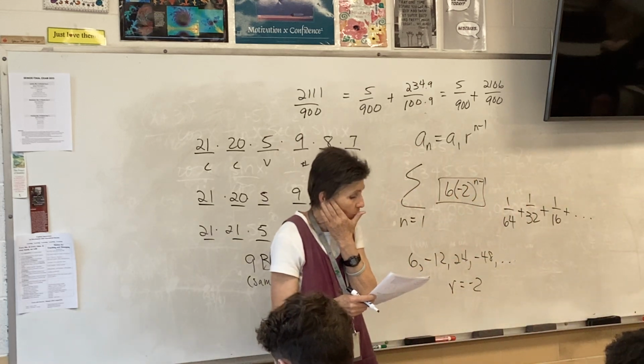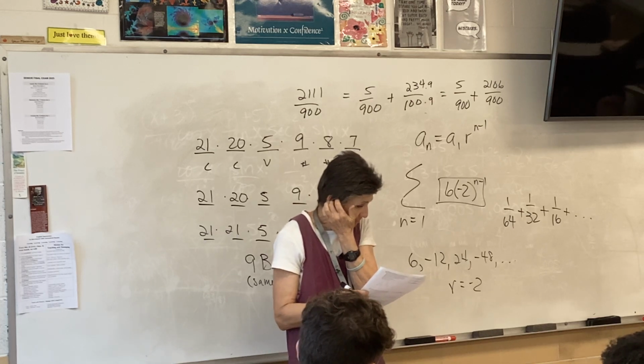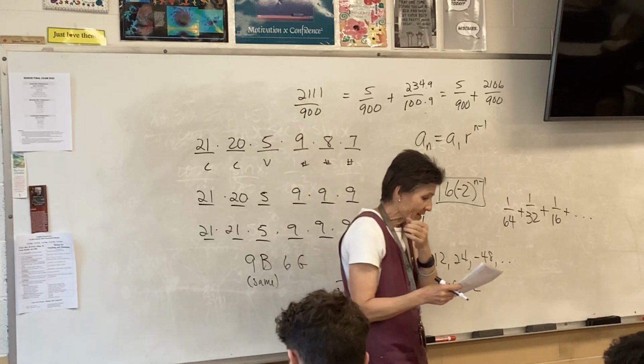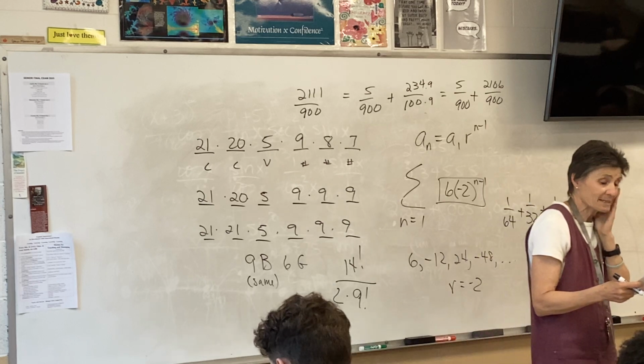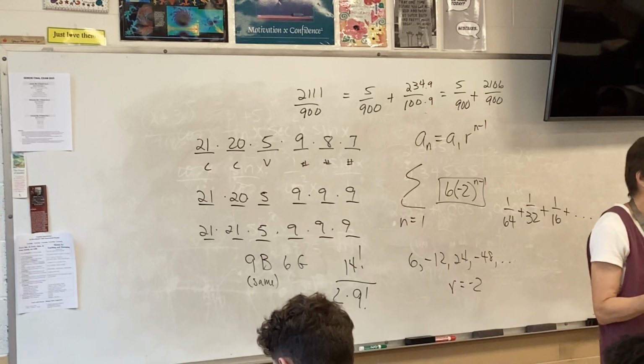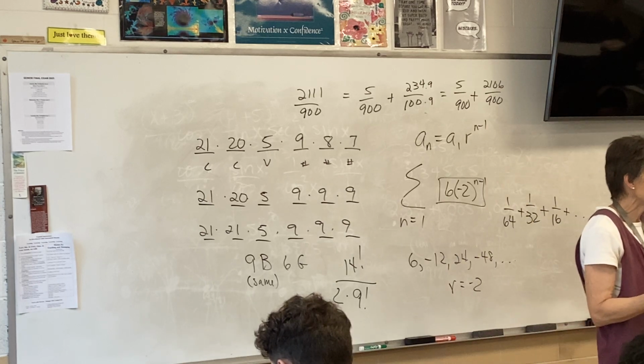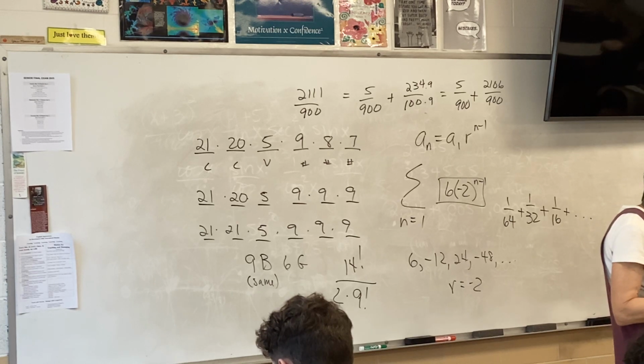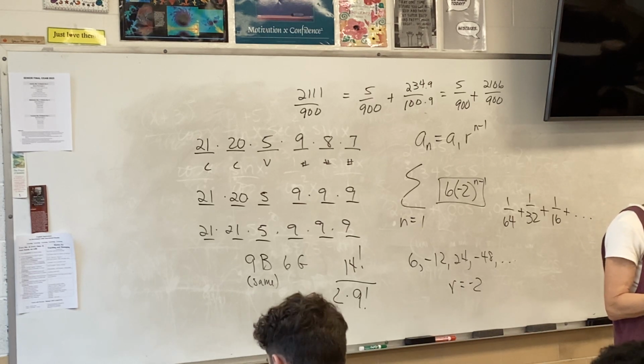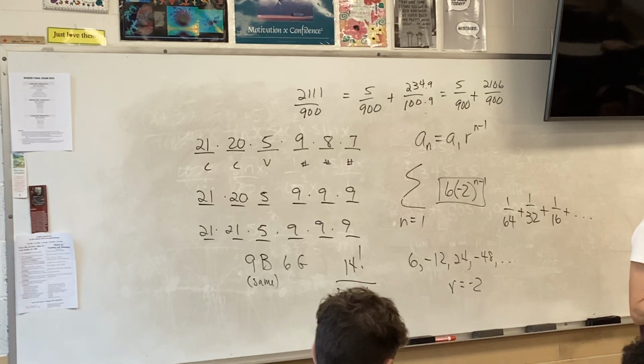Some of you, I don't even know what you're thinking. Problem A, what's happening in that sequence? There's no limit. It just keeps getting bigger and bigger because you just keep squaring bigger and bigger things, right? So it's divergent. It does not have a limit.